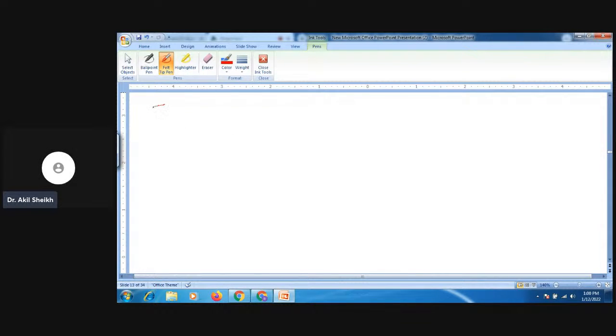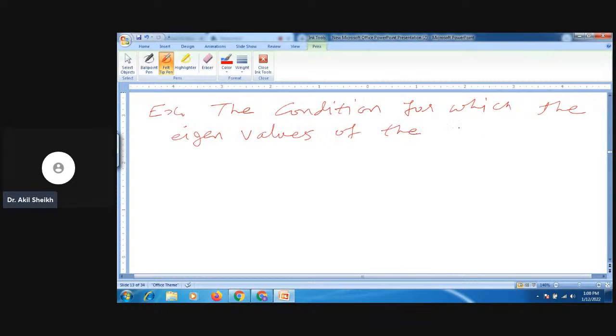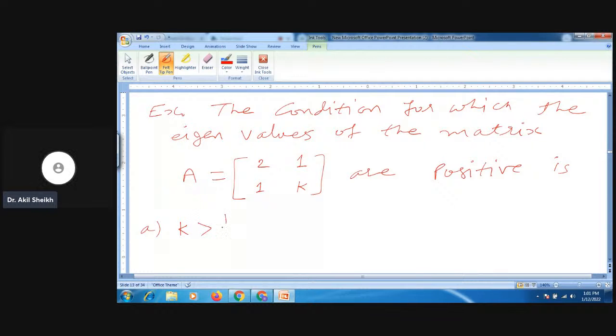Now, next example is here. The condition for which the eigenvalues of the matrix capital A equals [2, 1; 1, k] are positive is, options are given: A, k is greater than 1 by 2.